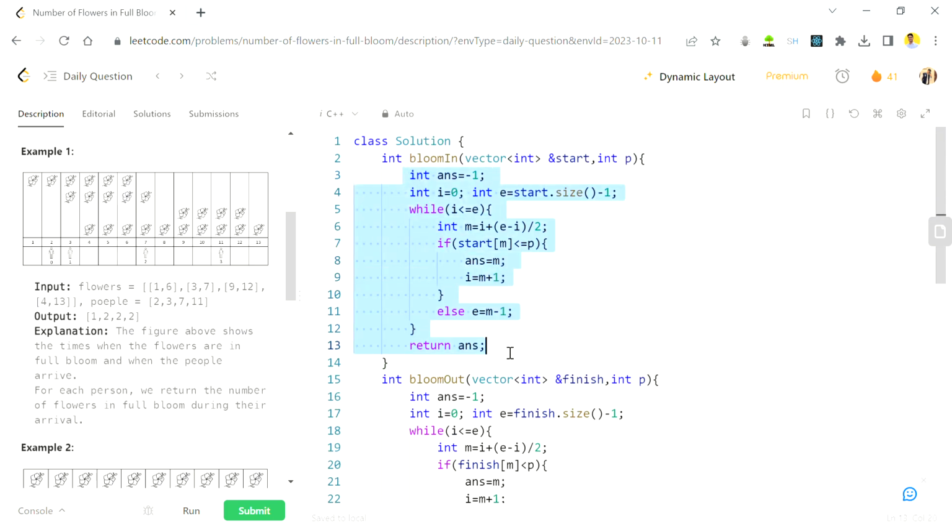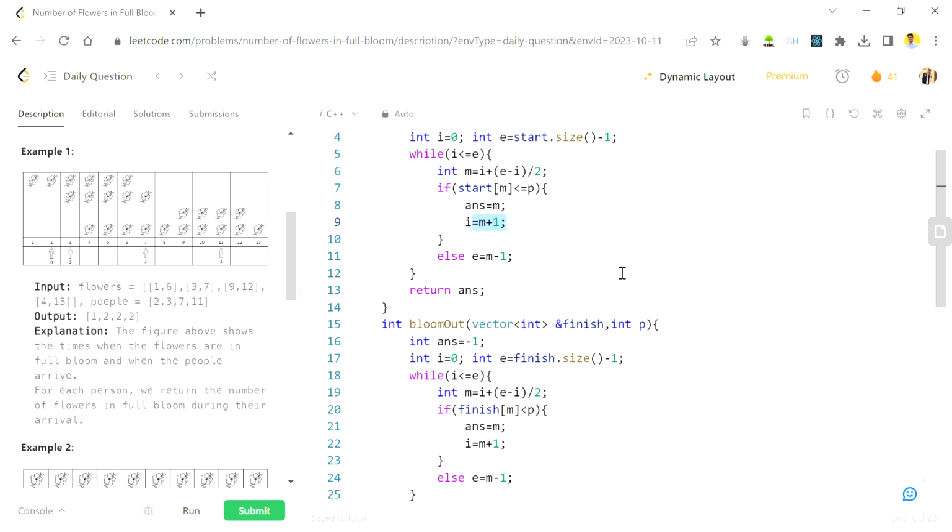So for bloom in, I'm going to execute a simple binary search in which I iterate through the start array, which is sorted, and see whether a particular index i lies in the range, because I want to include as many flowers as have bloomed. So I'm going to move towards the right side and eliminate the left half.